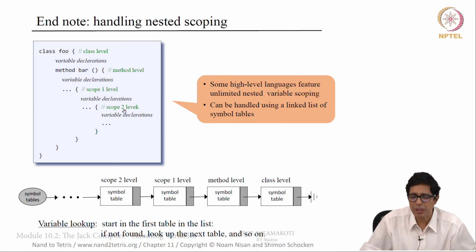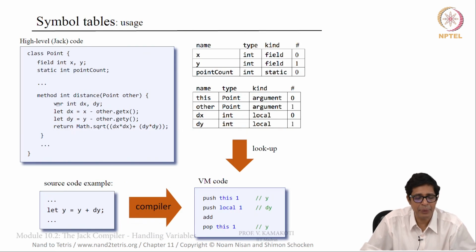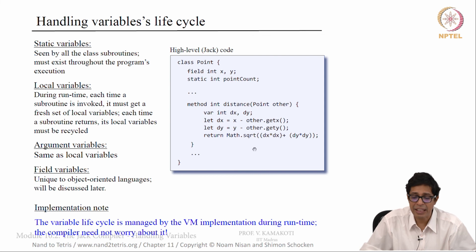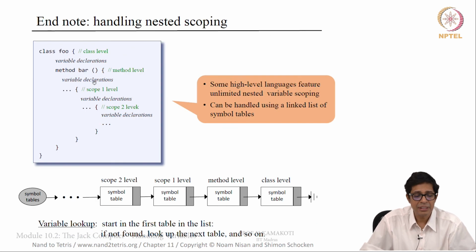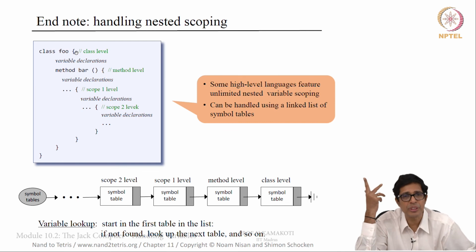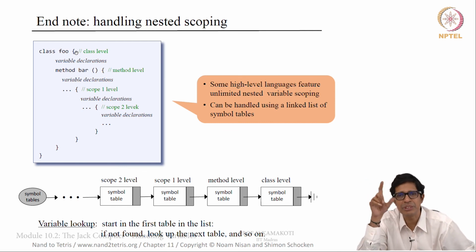Now, in complex programming languages like C, you can declare variables anywhere. Here we have restricted declaring variables to the beginning of the class, and also to the beginning within the subroutine. But in general, variable declaration can happen anywhere inside. If you remember what you have done in C, the scope of a variable is within the block in which it is declared.